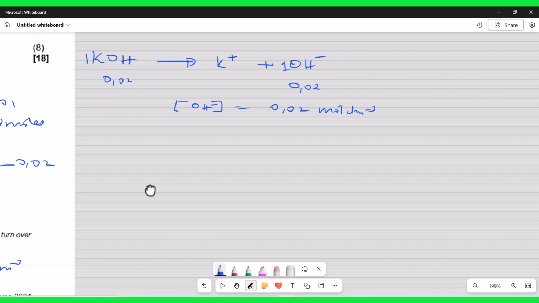Now my question is asking for the pH, but let me first find the pOH. So pOH equals negative log of OH ions.